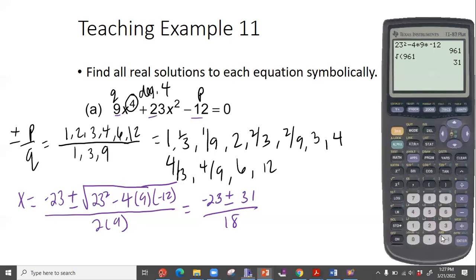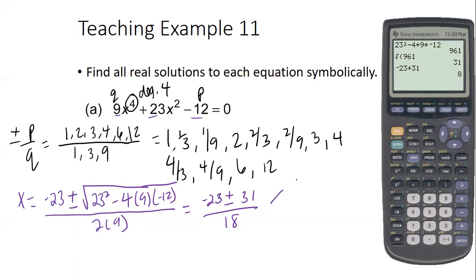Well, let's see. -23 plus 31 is 8. So that gives me 8 over 18. So that is 8/18, which is 4/9, right? Did we say that was possibly one of ours? Yes, we did.